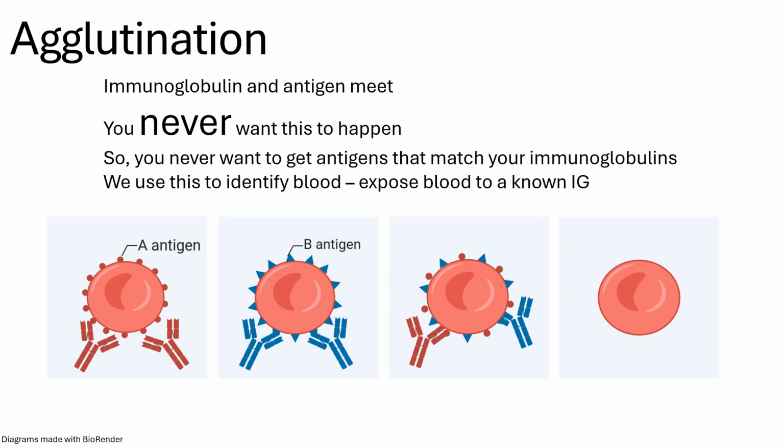If I had a serum of B antibodies, I could take a sample of your blood and expose it to the B antibodies. If there's agglutination, then I know that you have the B antigen. So let's use this idea of agglutination, knowing that we never want it to happen in your body, that's a mismatch, but that we can use this to identify your blood.